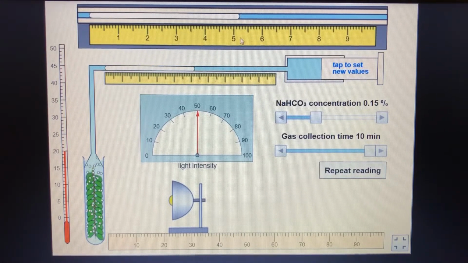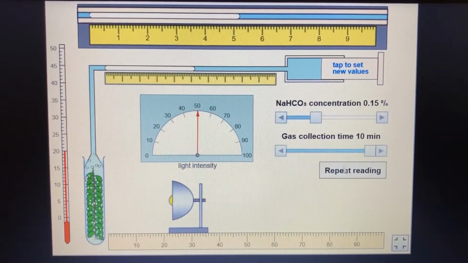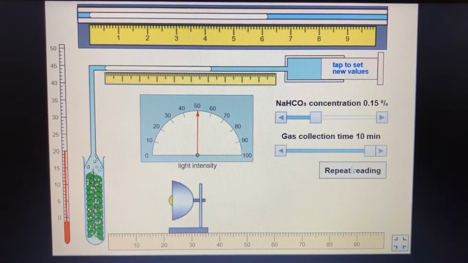I did my light intensity, got my set of results, 5.2, and now I've changed the independent variable, 4.9, and it's effectively a new investigation to look at a new limiting factor, 6.2.